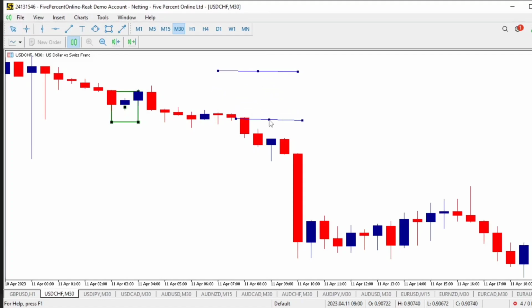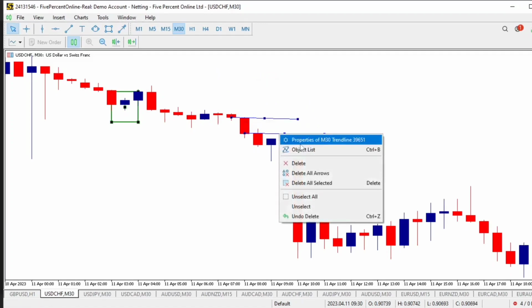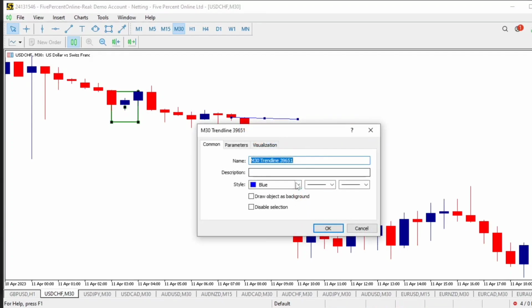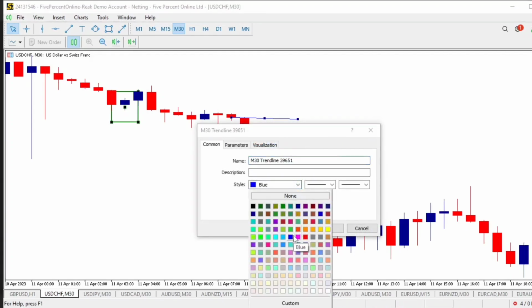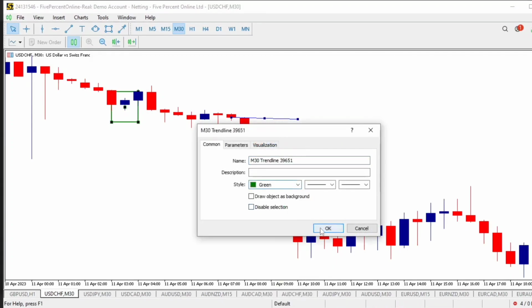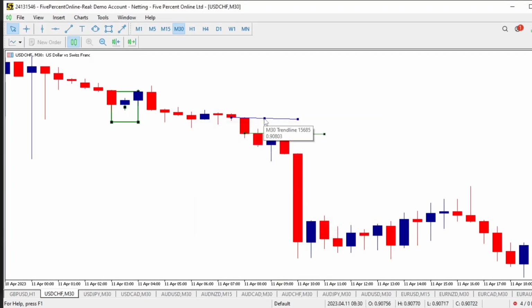It got to this place, opened here, closed at this level. Now it closed at this level, it opens here again. This next candlestick closes at this level, it opens here, closes at this level.